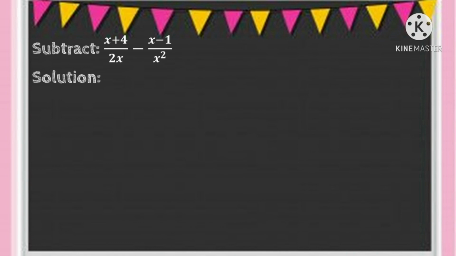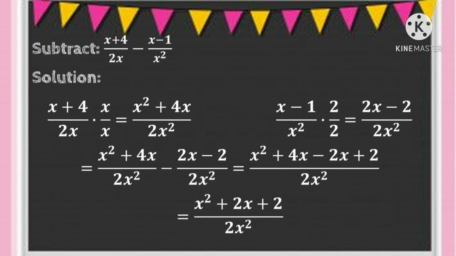If we are to subtract x plus 4 over 2x and x minus 1 over x squared, first find the LCD. The LCD is 2x squared. Rewrite each expression in terms of the LCD. x plus 4 over 2x multiplied by x over x is equal to x squared plus 4x over 2x squared.